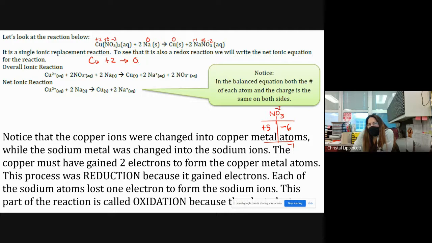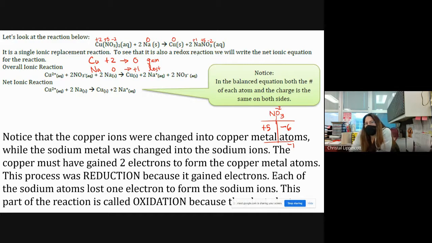The number went down. Electrons are negative charges, so it gained 2 electrons to get here. So this is a gain. If it gained, what lost? Well, my nitrate stayed the same on both sides, so that's not the culprit. So let's look at our sodium. It went from a 0 to a +1. So it lost electrons, right?